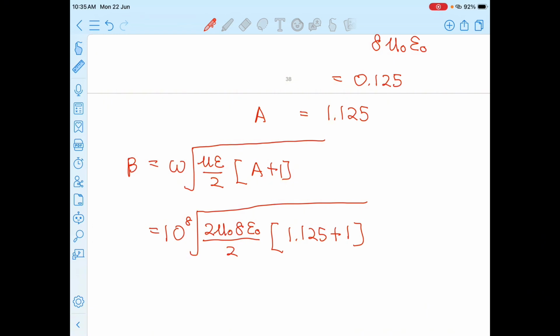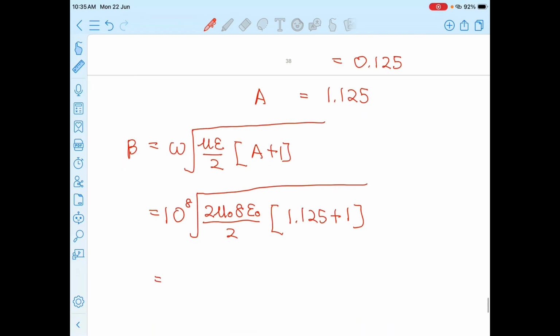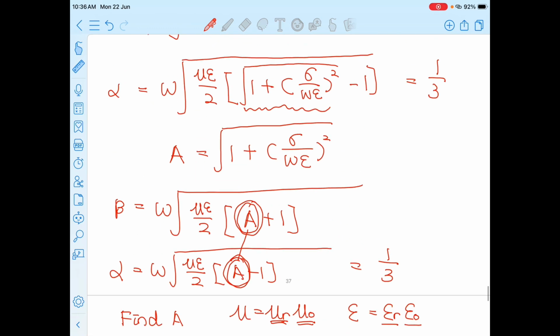So try to calculate this. It's equal to 1.375 radians per meter. So this is your beta, the phase constant.